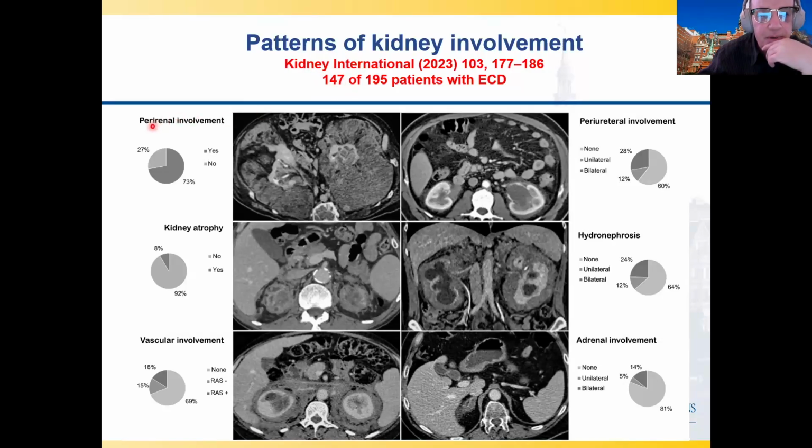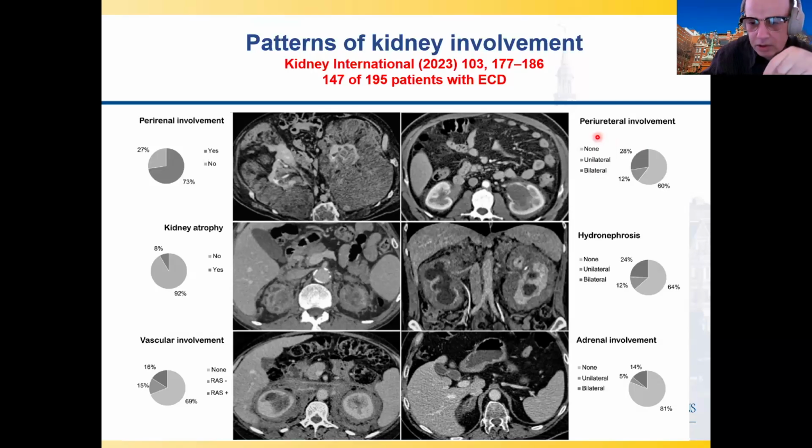You can see the perirenal involvement, meaning around the kidney: 73% of patients have perirenal involvement, and 27% don't. Here are the pictures, and you barely see the kidney because it's engulfed by this tissue around it. But also there is periureteral involvement.